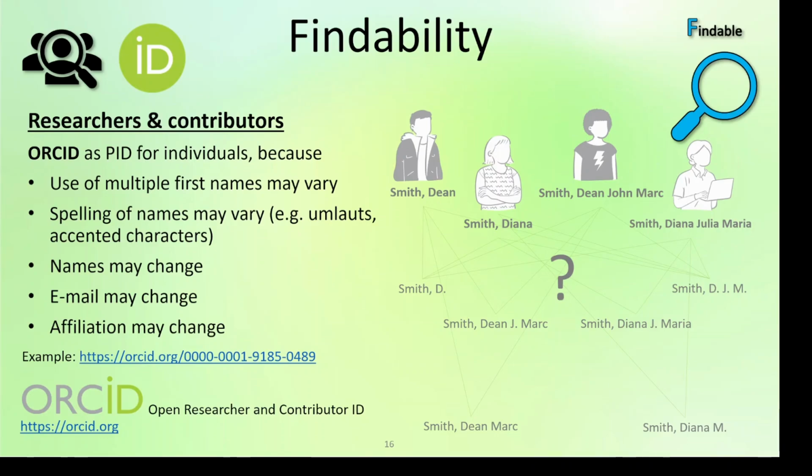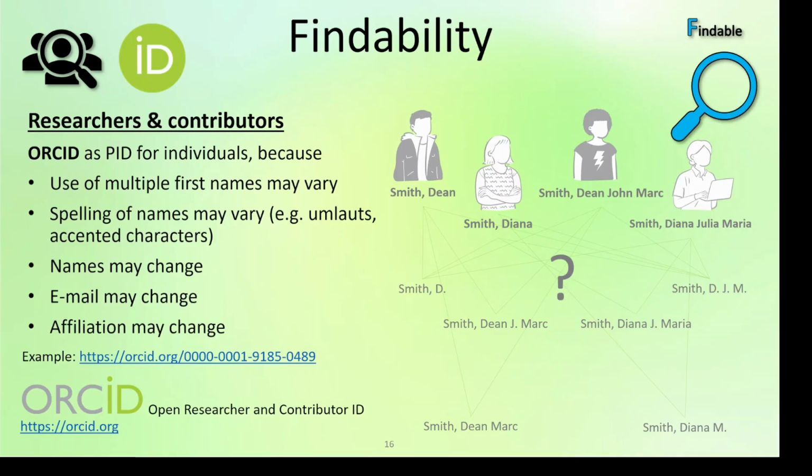You can see if you only have the name and the first name, sometimes it remains pretty unclear if people are talking about the same person or not. And names may change, email may change, affiliation may change, spelling of the name may vary, umlauts, accented characters, and so on and so forth.